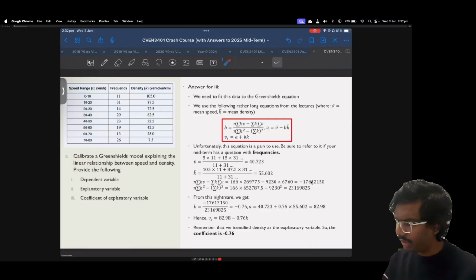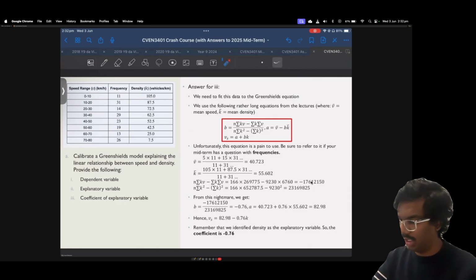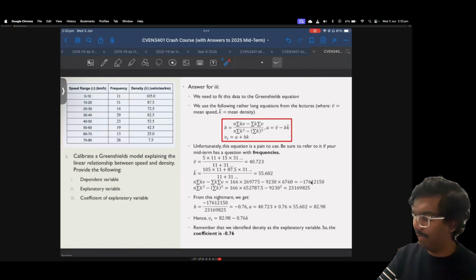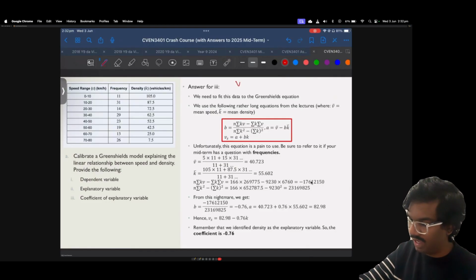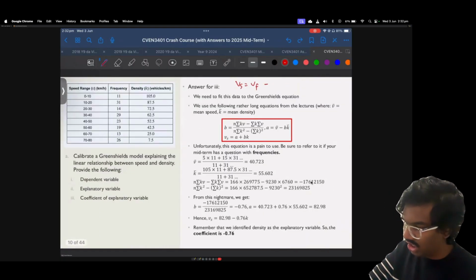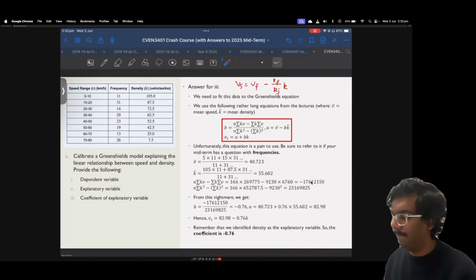We use the following rather long equations from the lectures, where V is mean speed and K is mean density. Remember that the Green-Shields equation is Vs equals Vf minus Vf over Kj, times K. We're trying to fit this data to that equation.